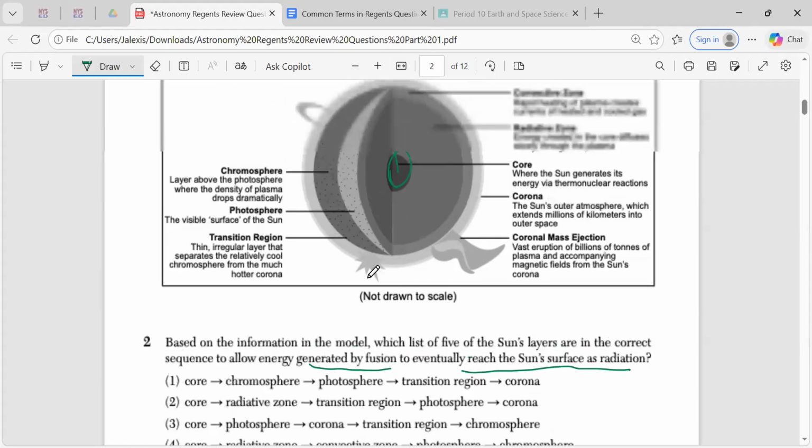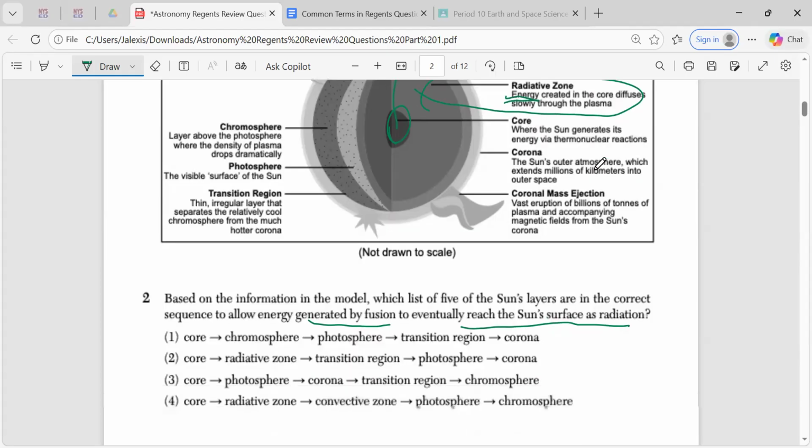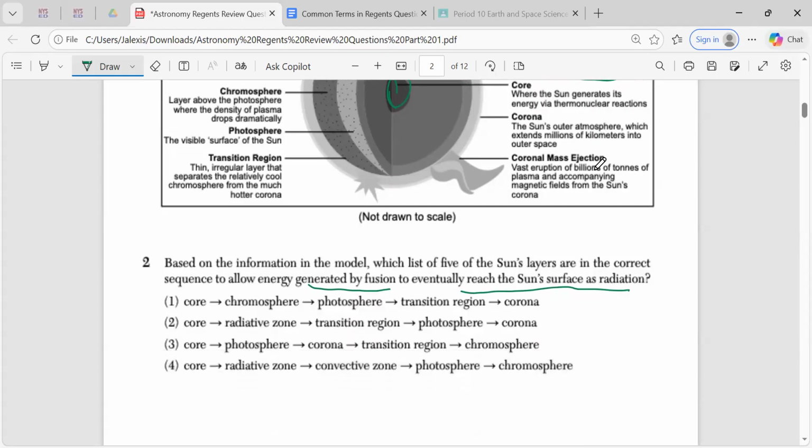So I automatically see after the core, the very next layer is going to be the radiative zone, right? It even says, keyword energy, created in the core diffuses slowly through the plasma. So automatically that crosses out 3 and 1, right?